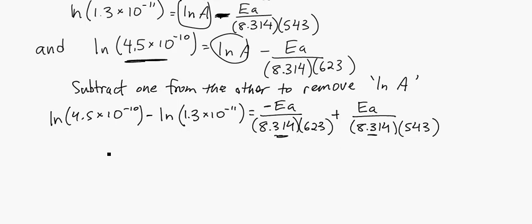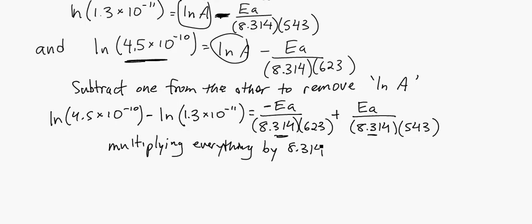We're multiplying everything by 8.314. So that means over here, we're multiplying the left side by 8.314, and over here we multiply both of these terms by 8.314. It's just going to result in that canceling.